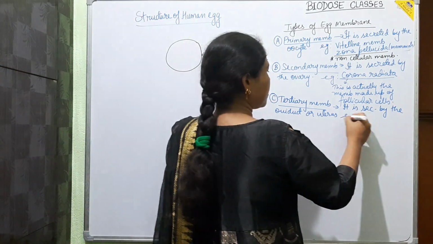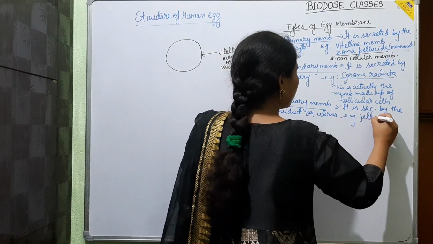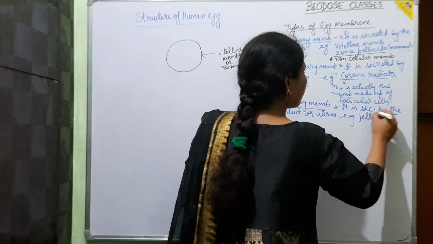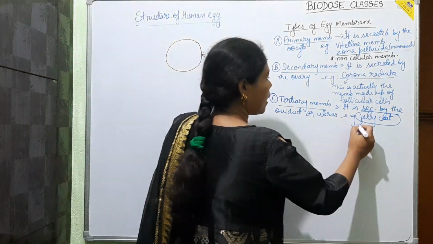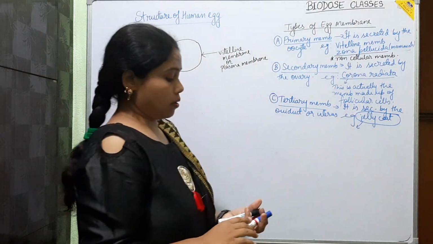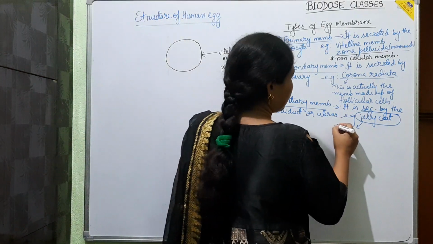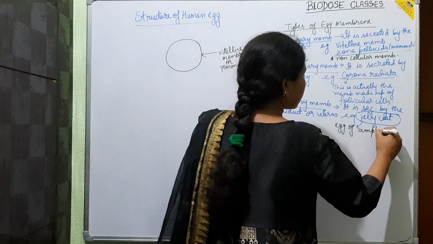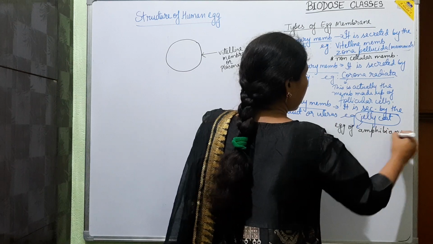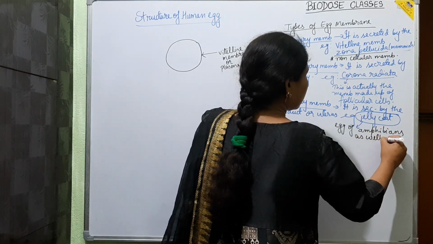The example is the jelly coat. It is also important because this jelly coat is usually seen in the eggs of amphibians as well as fishes.